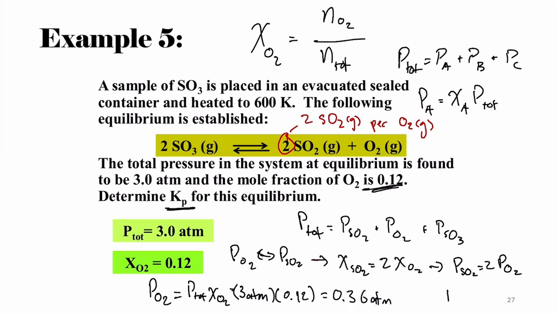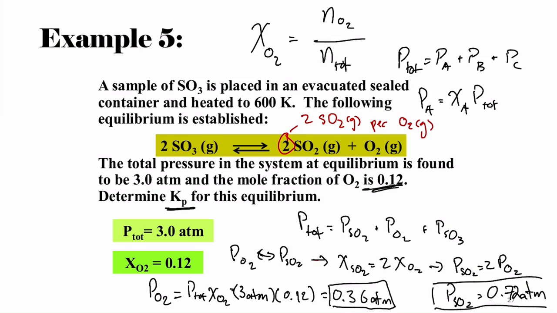So that means PSO2 equals 0.72 atmospheres. Those are our 2 partial pressures, and we need all of them to solve for Kp. Because Kp is equal to what, for this reaction?